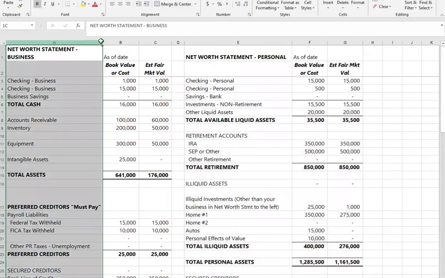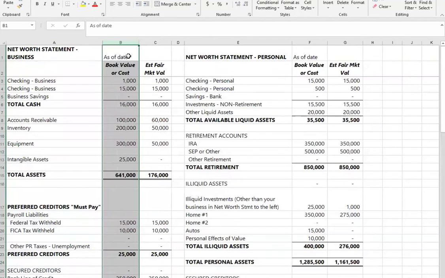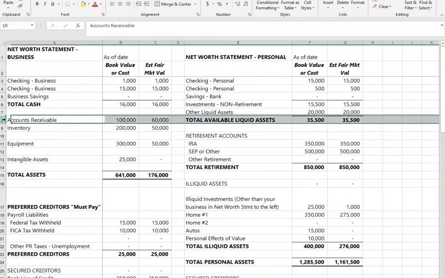As a bonus, there is something called balance sheets. I'd like you to go over all of this with your accountant, because this is not exactly the way they do it, but it's the way that I have to look at companies when we're in a difficult situation. What is my book value or cost of my assets? What is the fair value? Obviously, cash is the same, but your accounts receivable may not be the same.